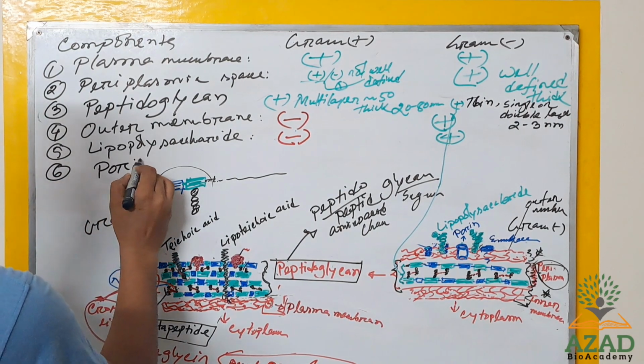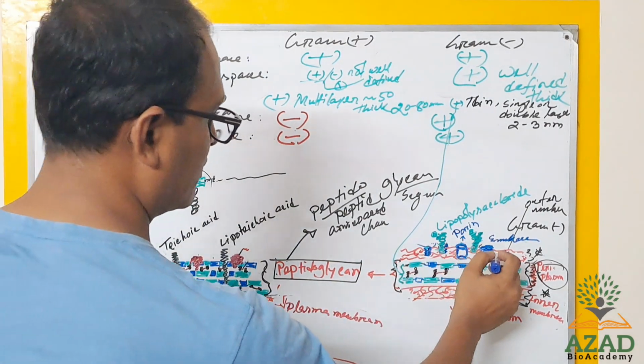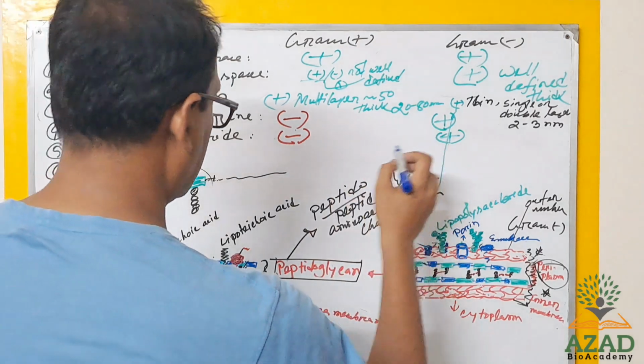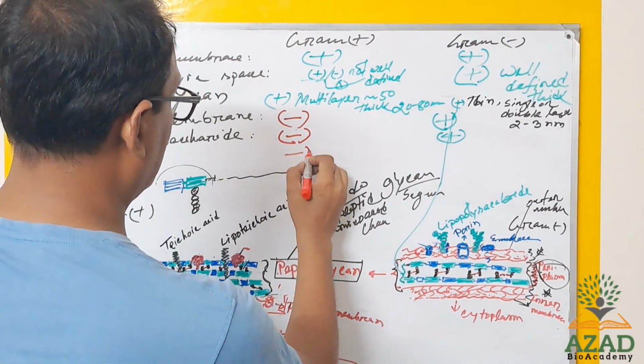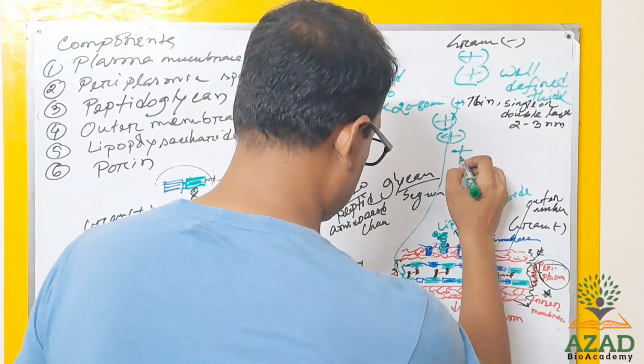So next one is porin. Porin is also a major component of the outer membrane of gram-negative bacteria. In gram-positive bacteria, porin will be absent, and here porin will be present.